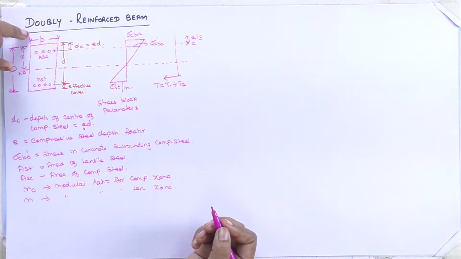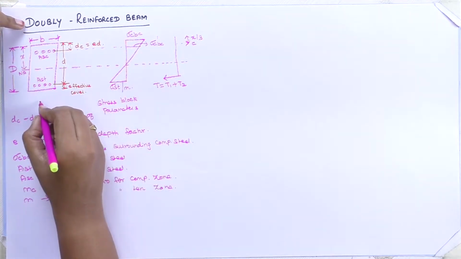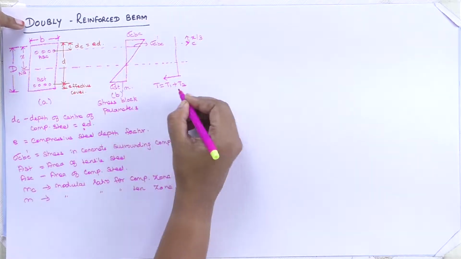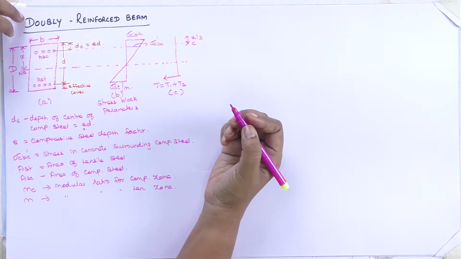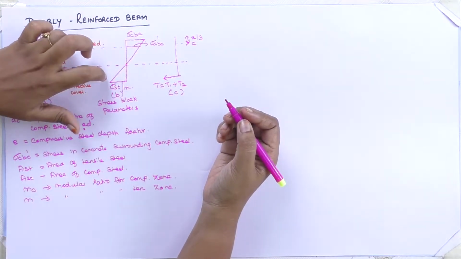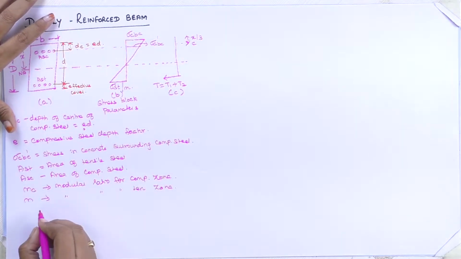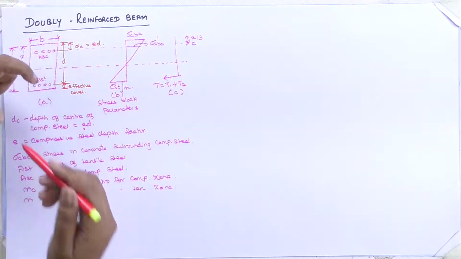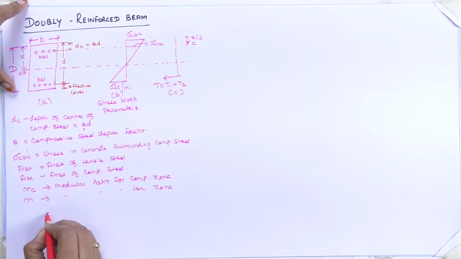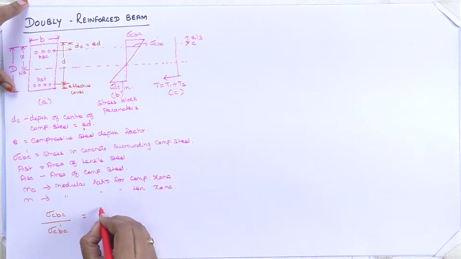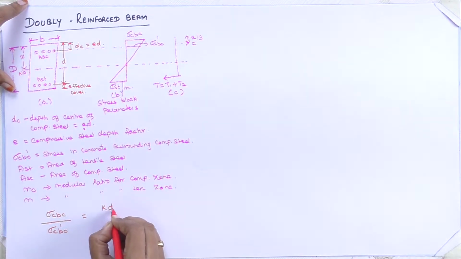Okay, from this diagram, this one A, this one B, this one C. From this stress block we can calculate the depth of the neutral axis. Now we can write sigma cbc divided by sigma cbc dash is equal to kd divided by kd minus ed.